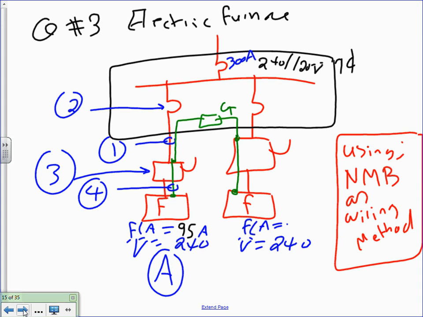We need to size the conductor, the disconnect, the equipment ground conductor, and the overcurrent protection device. The same 4 things, guys. Piece of cake. You have the details in your sheet.